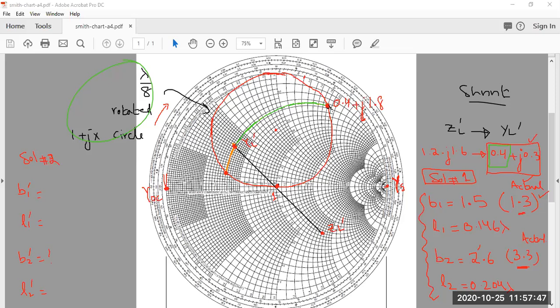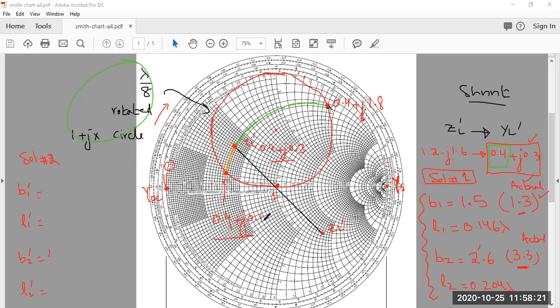So now I need to find out how much the value has changed, or in other words, what is this point? Again, because the real part is not changing, the real part is still 0.4, but the imaginary part has changed, and we need to find out how much it has changed. It was 0.3 previously, and now you need to read this reading. This one is 0.1. So YL dash, which was 0.4 plus J 0.3, has now become 0.4 plus J 0.1.